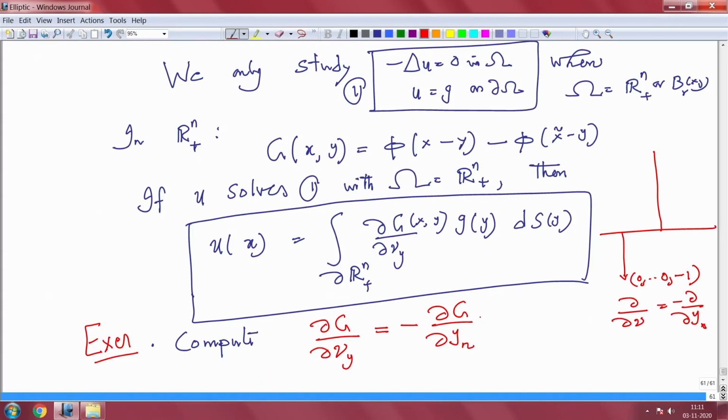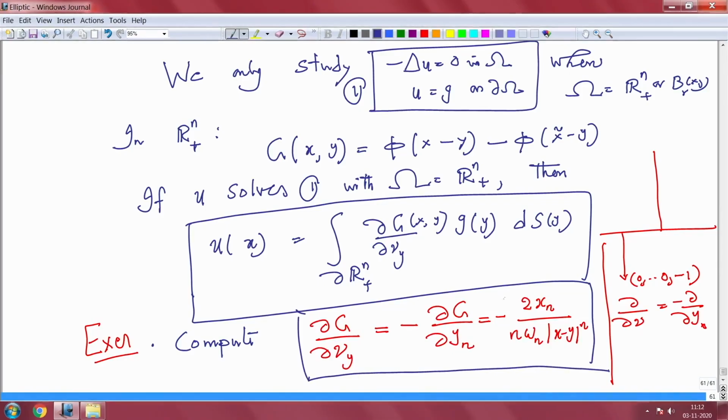When you compute this, you get an important formula: minus 2 x n by n omega n mod x minus y to the power n. So, keep this formula in your mind.